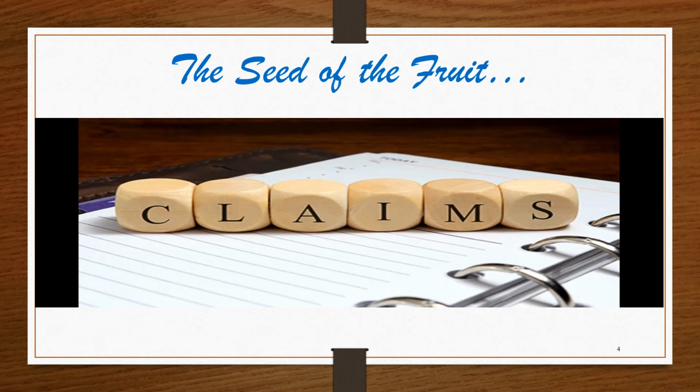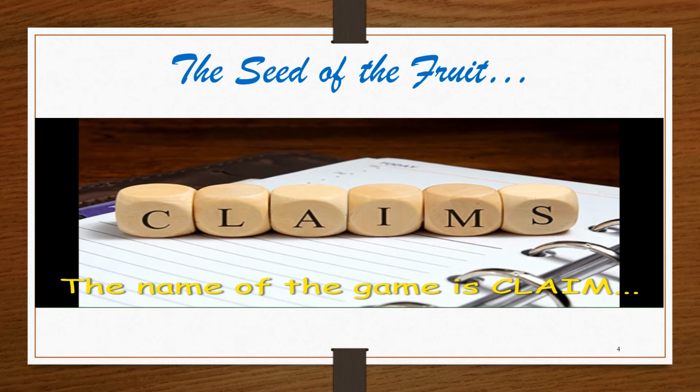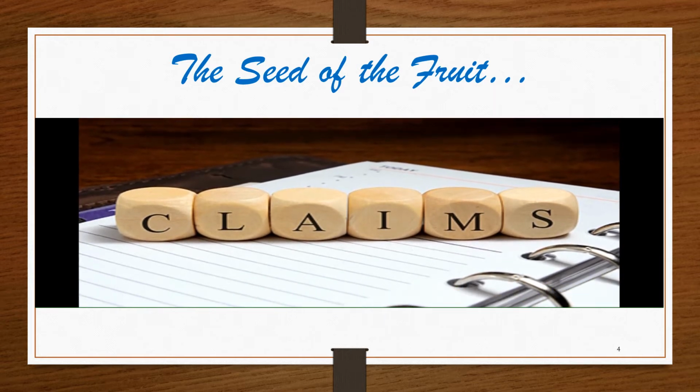So in this way, we can compare this particular content of the complete specification to the seed of the fruit. That means the most important content of the complete specification. Okay. What is it? This is the claim or claims. See, the name of the game is claim. Okay, just remember this. The name of the game is claim. Okay, just proceed.